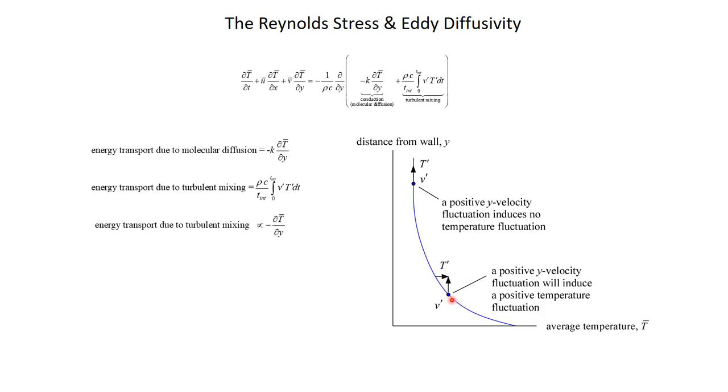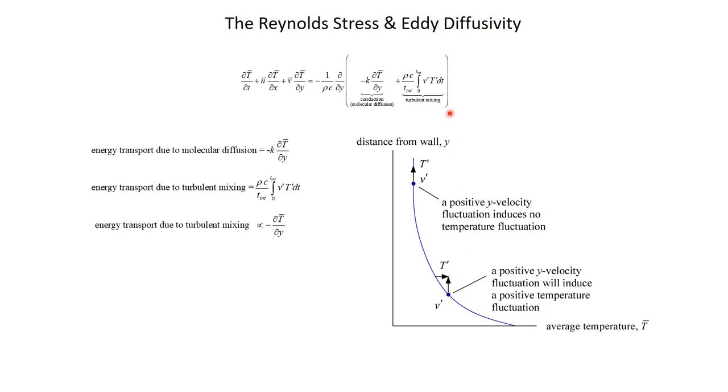If I get a positive y velocity fluctuation, physically what that's going to do is take a hunk of relatively hot fluid and throw it out farther from the wall where the fluid is relatively colder. So that's going to induce a positive temperature fluctuation, right?